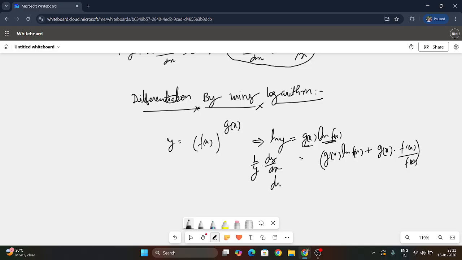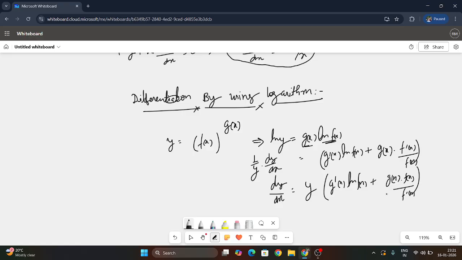If you want, you can write like this also: dy by dx equals y times this whole thing. And that is y times g dash x log f(x) plus g(x) times f dash x divided by f(x).